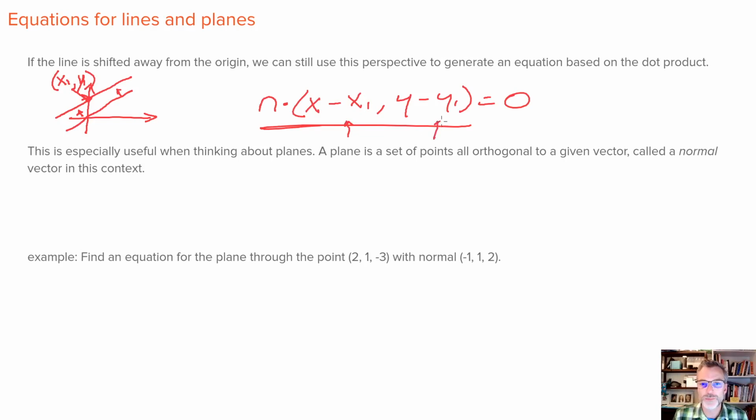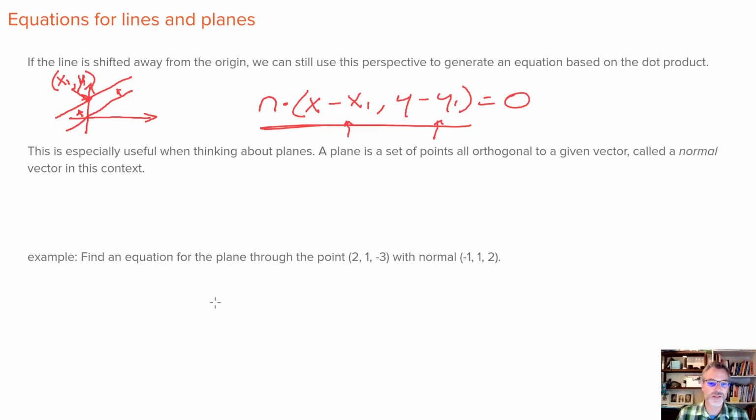You can imagine I'm subbing in the values of this point, x1 and y1. If I subbed it in, I'd get 0. So it's like by subtracting these, I'm shifting the line back to the origin. That's kind of what it's like. Okay, so what's happening is I'm using the previous case, my previous understanding, to generate a new solution for this new scenario.